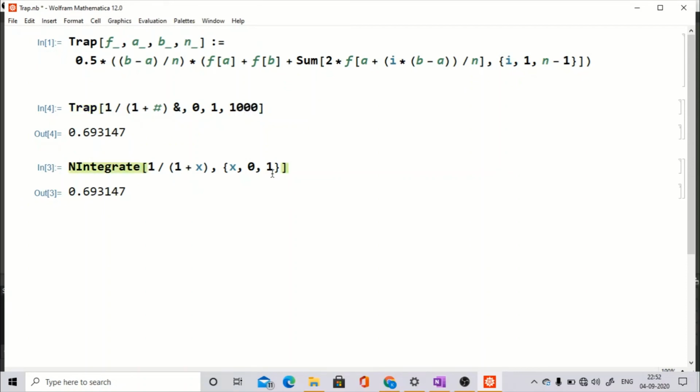Now in your inbuilt function, which is NIntegrate also, there are some special features. If you write 1 upon 1 plus x and x varying from 0 to 1, that is the normal thing.